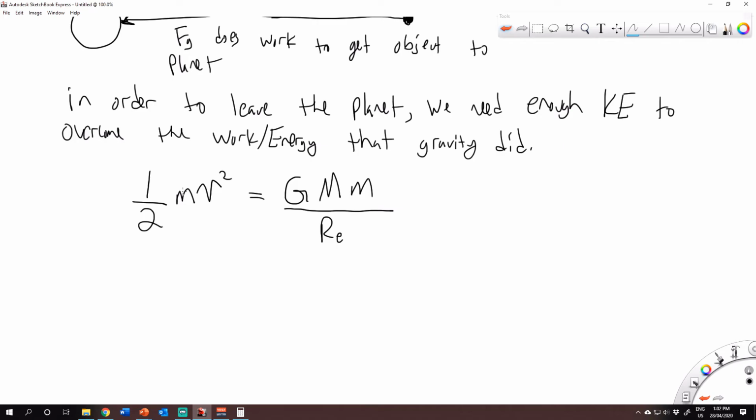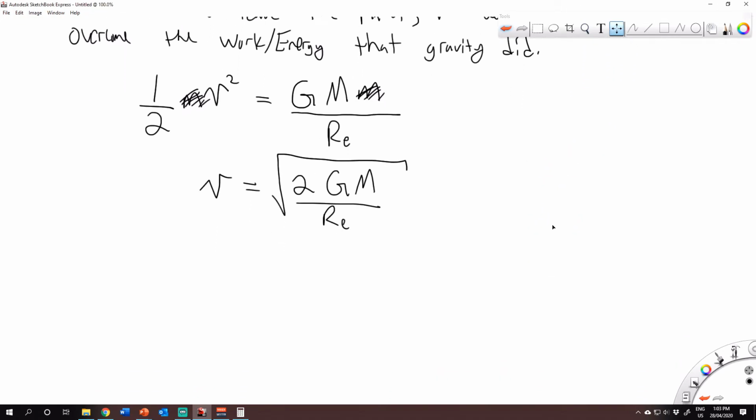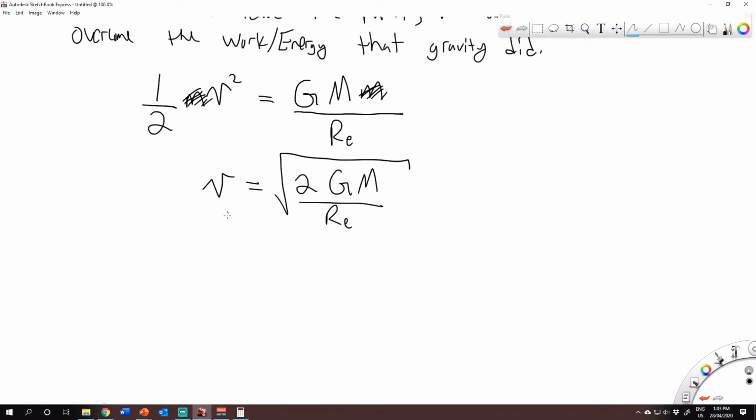Notice that the mass of the object cancels out, so we don't need it. To figure out how fast the object goes, we solve this for v, so we get 2GM over r, and then square root that.